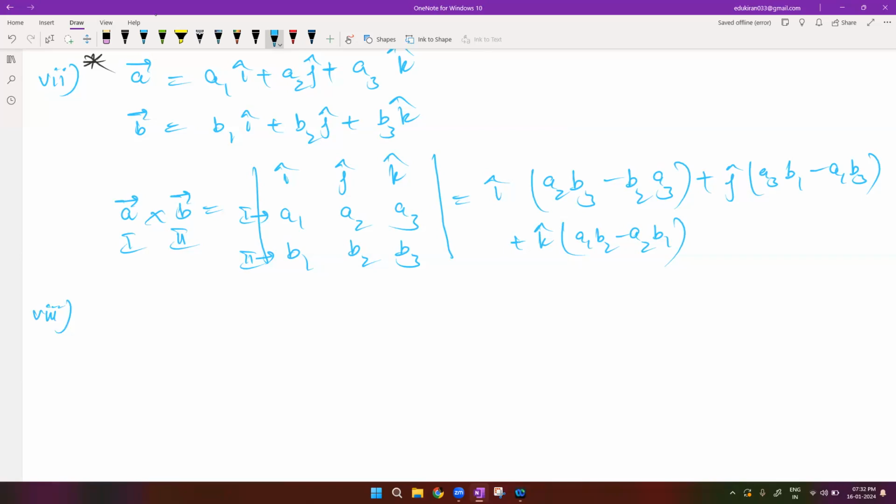So the ninth property says both the properties are related, but let's first solve the eighth one, right?